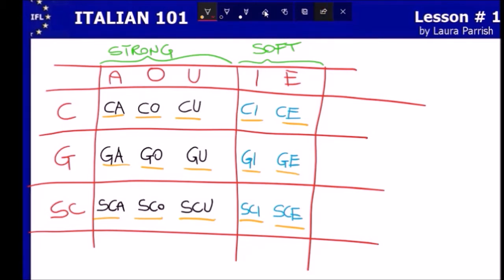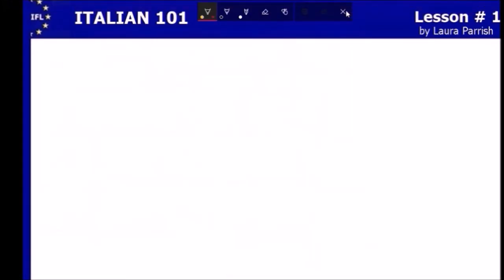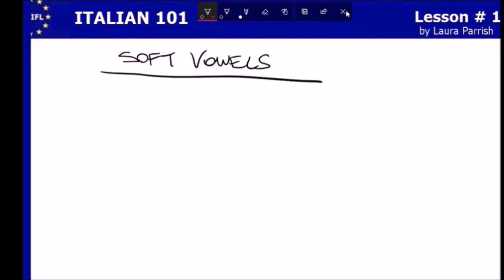Okay, I know that is very boring. This part is boring, but it's necessary, because if you learn the rules of pronunciation very well, you will pronounce Italian very, very well. It's very important. Okay, like I already told you, with the soft vowels, the soft vowels are E and I, the sounds are soft.